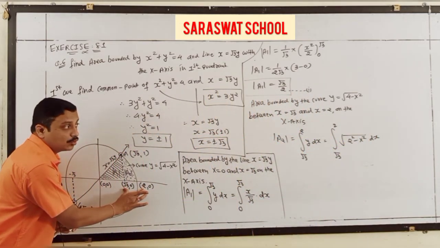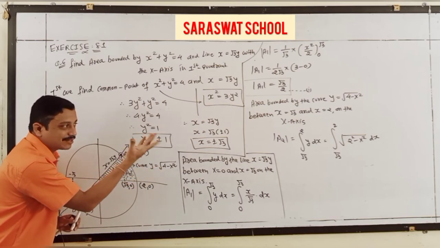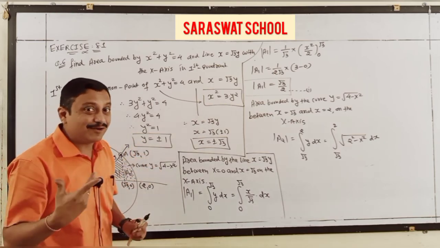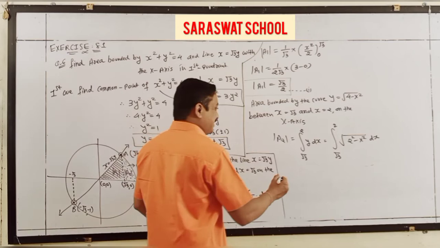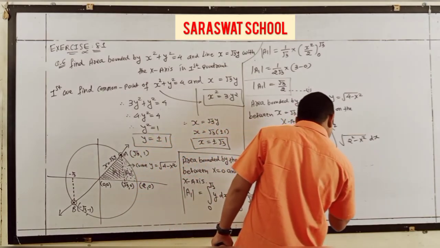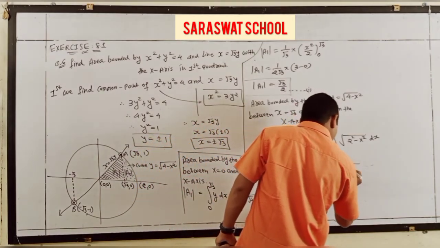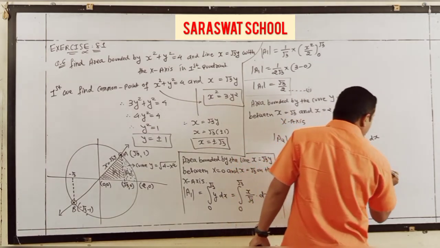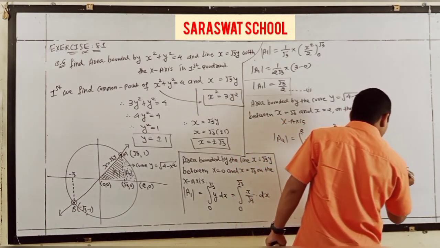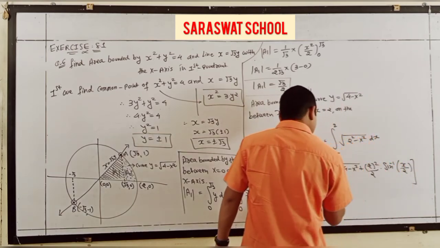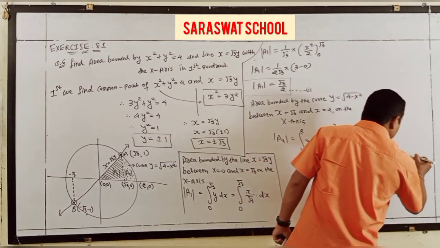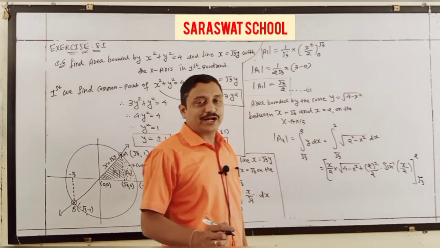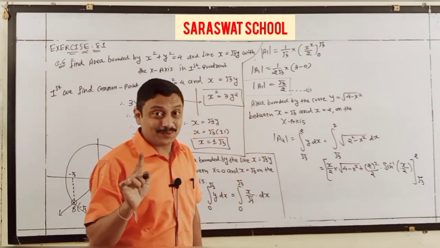Root 3 to 2, y is under root 4 minus x square, means 2 square minus x square. Now the formula: it is x by 2 under root, plus a square by 2 sine inverse, and the boundary same, root 3 comma 2. Now take upper limit minus lower limit.